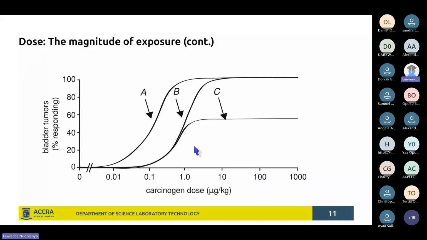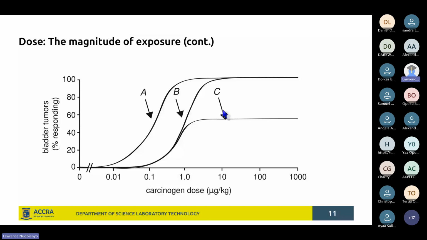But you see that a lesser amount of A will result in the causation of the bladder tumor than B, and of course, than C. So what it means is that A is more potent than B and C, because a lesser amount of A will cause that effect of the bladder tumors. You have to take more amount of B and C to also cause such bladder tumors. So A is more potent than B and C. So that is the concept of potency.